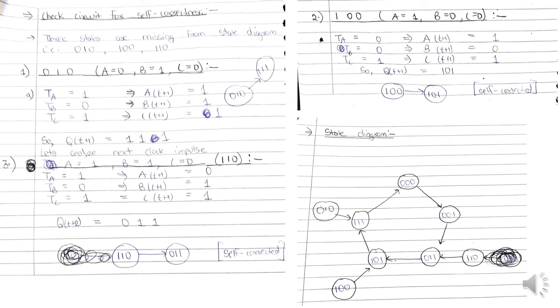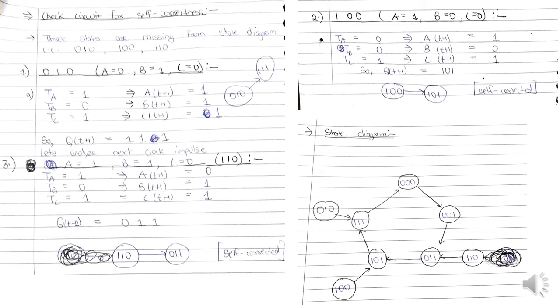Then TC equals 1, because TC equals A and B OR C complemented, and C complemented will be 1, so whatever the value of A and B, TC will be 1. So the next state of ABC is 111, which is a valid state, so it auto corrected itself.